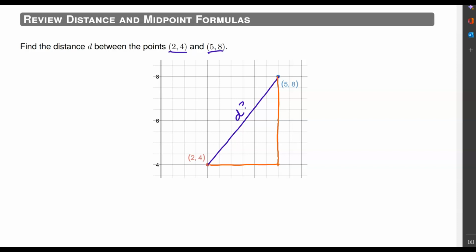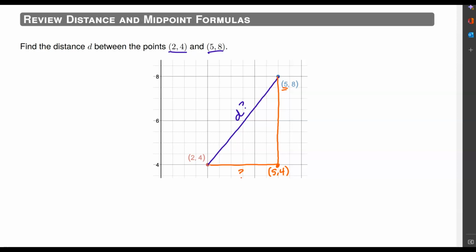So here, let's figure out what point this is. Well, this point, if this is (2, 4), is going to be the point (5, 4). We know it's 5 because that's 5. Okay. So let's figure out what this distance is here.